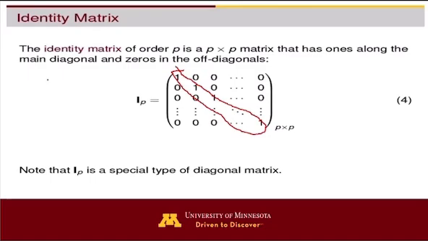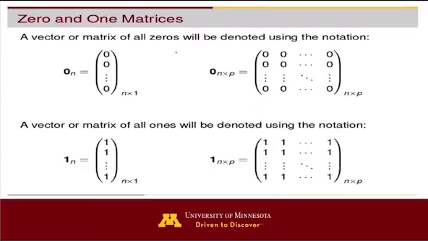Now, I want to move to something else. Take a look at this. I want to talk about the zero vector, the zero matrix, the one vector, and the one matrix. Because at times, there is a possibility that in a column vector all the entries are zeros.